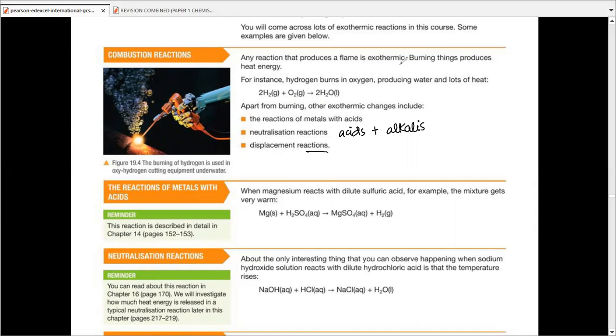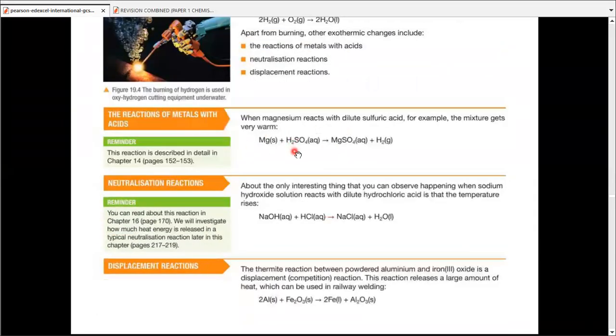So apart from these, let's take more examples. Reactions of metals with acids: most of these are exothermic reactions. For example, when magnesium is reacting with dilute sulfuric acid, the mixture gets warm since this reaction is exothermic. This is also discussed in the previous unit.